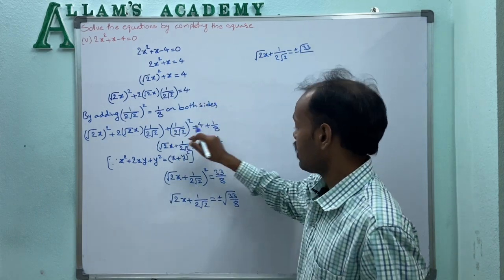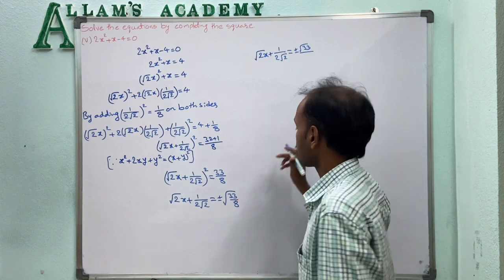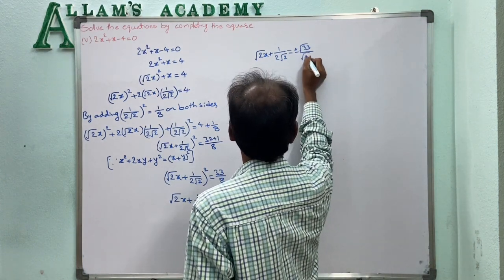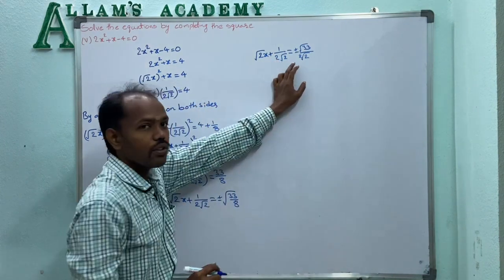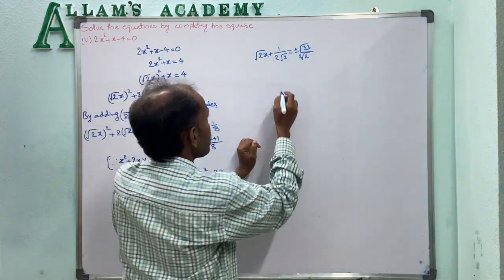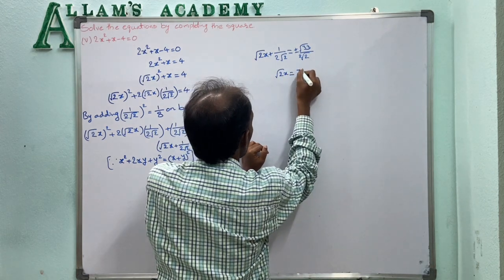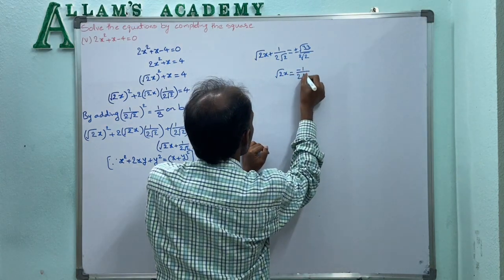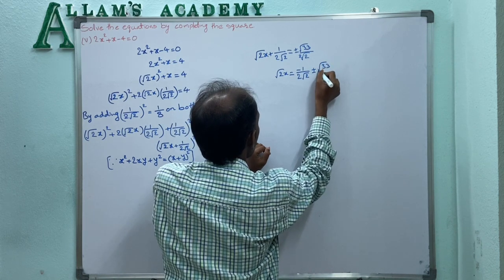Root 8 means that is nothing but 2 root 2 only. Already here we said. So that means 2 root 2 we written. Now this plus 1 by 2 root 2 transfer to that side, minus 1 by 2 root 2. So root 2x is equal to minus 1 by 2 root 2 plus or minus root 33 by 2 root 2.